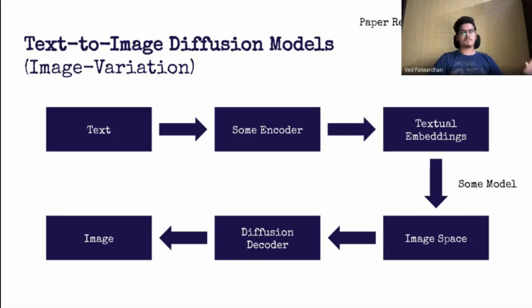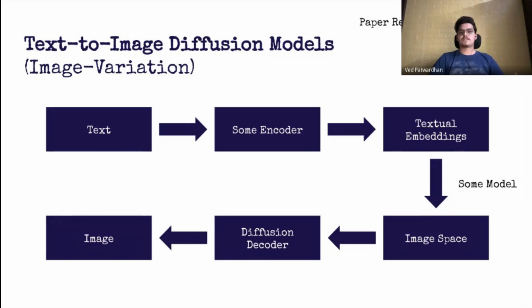Initially, the input obviously is text, where you pass it through some encoder. Now this can be any encoder based on the method. For example, DALL-E opts for a CLIP based encoder, whereas Imagen, for example, opts for a frozen T5 transformer, T5 XXL to be specific. And there are various other encoders which are used. Some use autoencoders and so on. So to not fixate on a particular encoder, I've just mentioned it to be some encoder through which you get some textual embeddings.